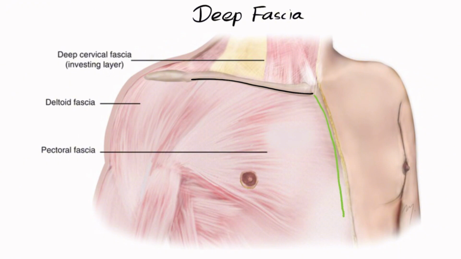Inferiorly, it continues as the thoracic fascia and the rectus sheath. The rectus sheath covers the abs muscle. All that remains is laterally. Superolaterally, the deep fascia continues with the deltoid fascia, and inferolaterally, the deep fascia continues with the axillary fascia.